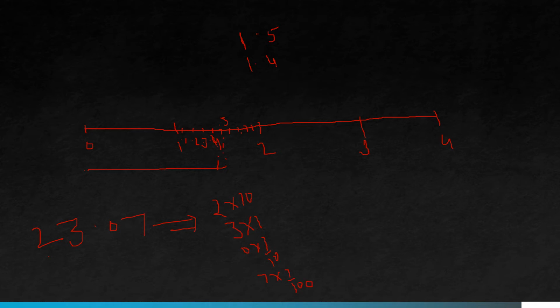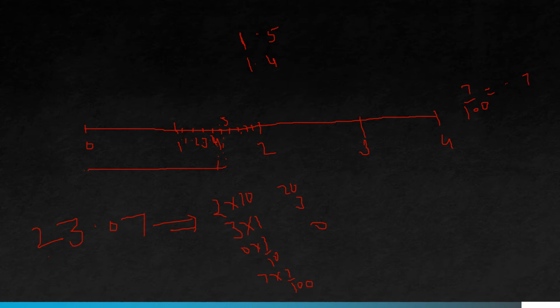So we have to add all these things, right? 2 into 10 is 20, plus 3, plus 0, plus 7 into 1 upon 100, which means 7 upon 100. How can we convert this? As I explained earlier, when we divide any number by 10, 100 or 1000, we have to see how many zeros there are. First we write the numerator, and then we count.